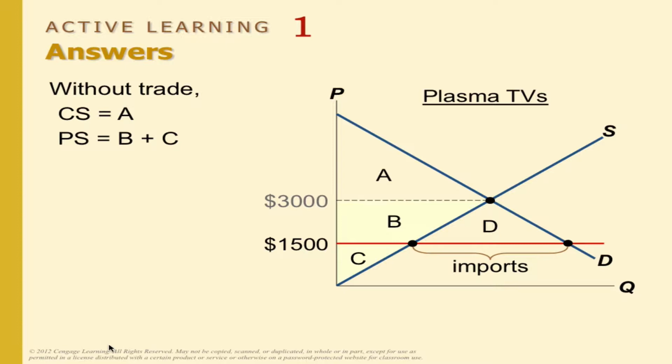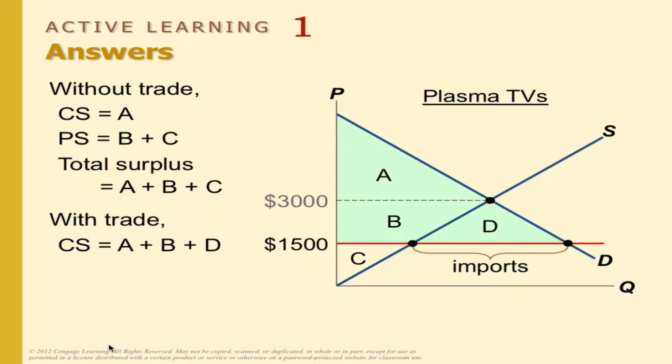Okay, so when we trade, we're going to add B and D to our consumer surplus. So our new consumer surplus is significant, right? Consumer surplus is a good or a bad thing? Good. All surplus is a good thing, right?